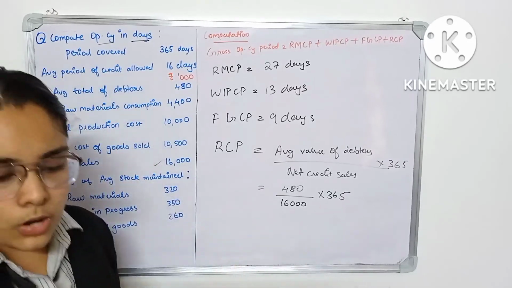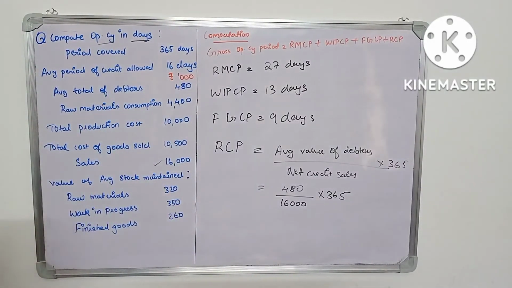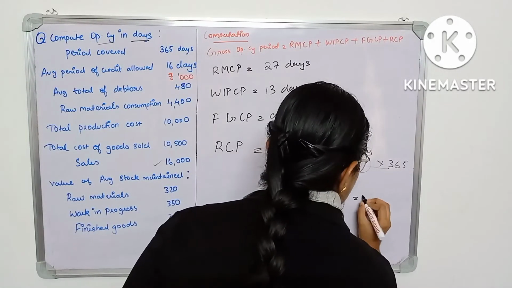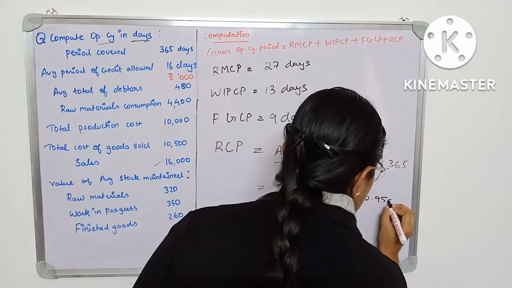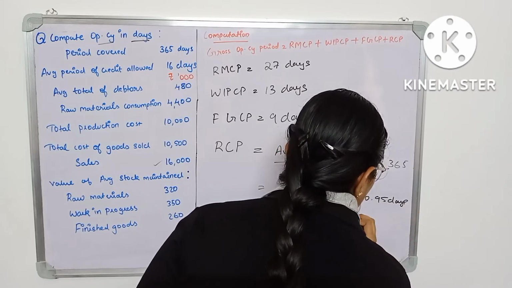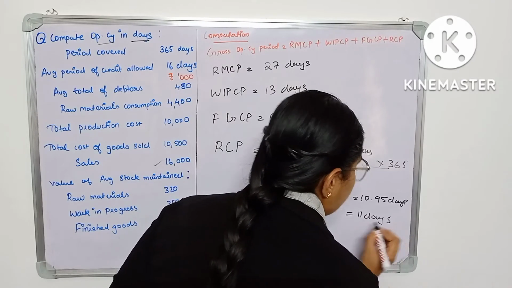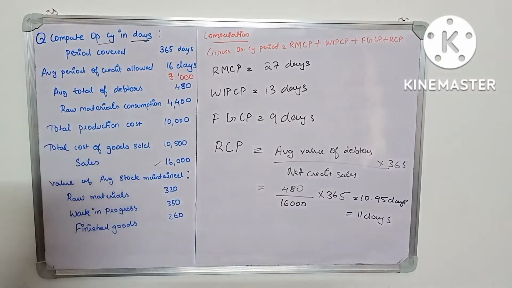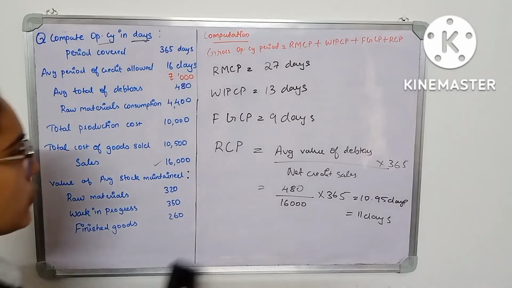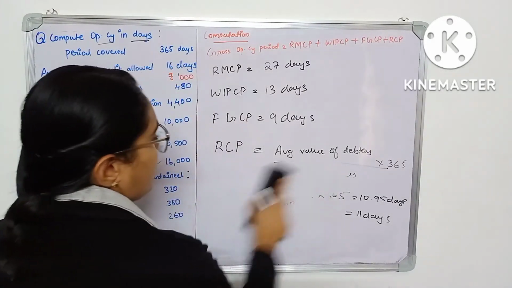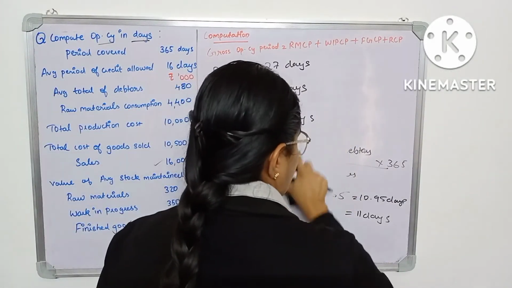Now the conversion period of receivables will be 10.95 days, or you may round it off to 11 days. So this is the conversion period of receivables, that is your debtors.